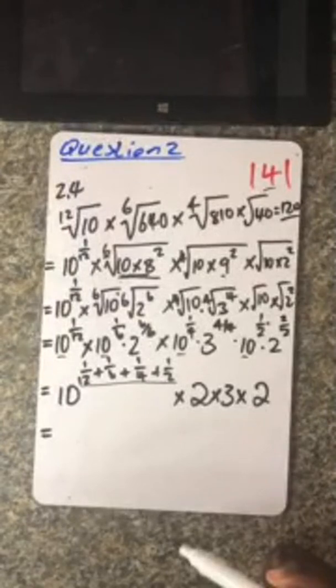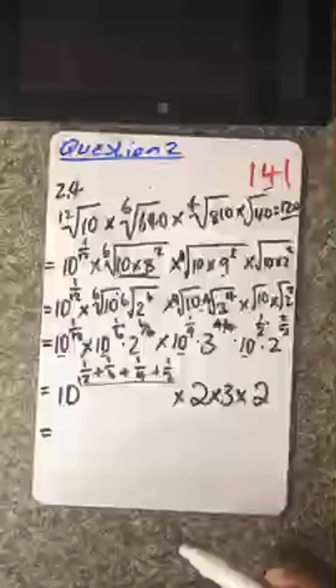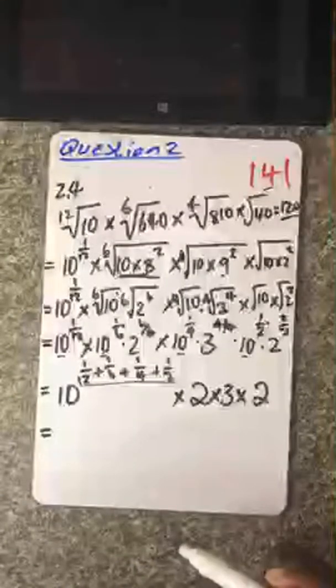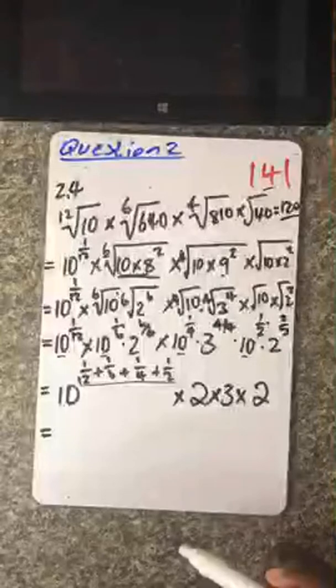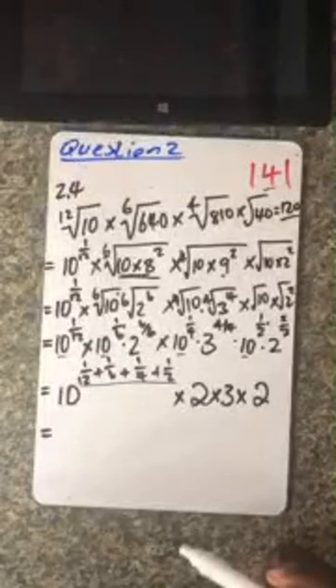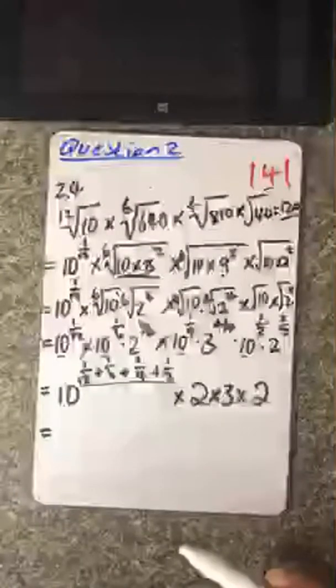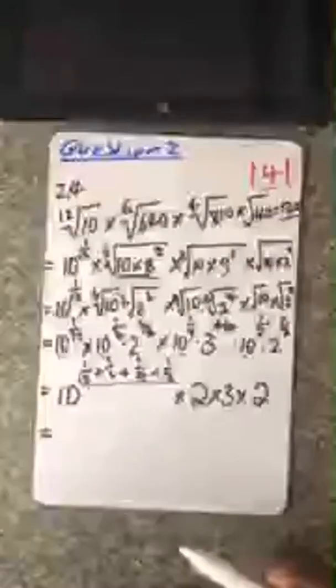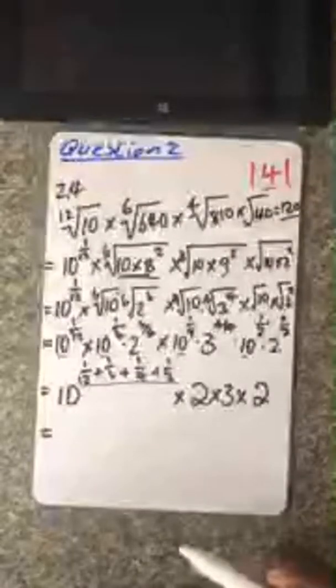So let's see where you score. There's expansion which deserves a mark, which is that expansion. This is where we give you a mark for that expansion. And the other mark we can give you for which step?